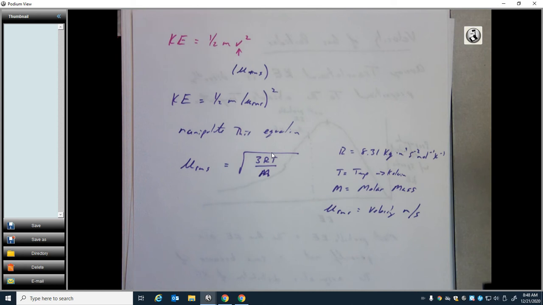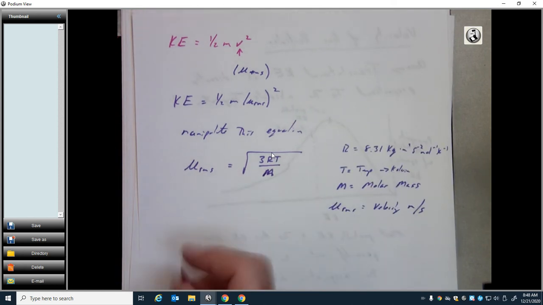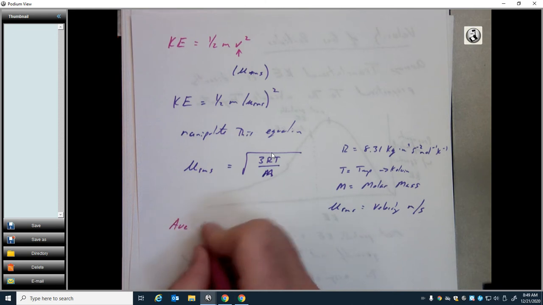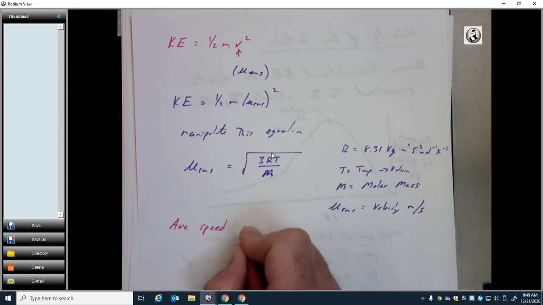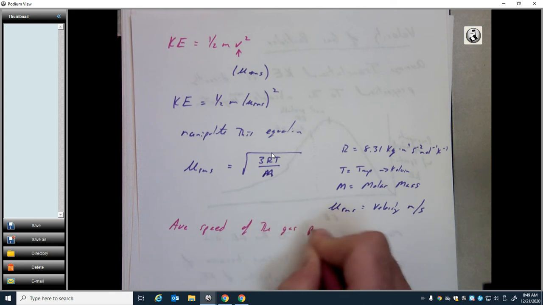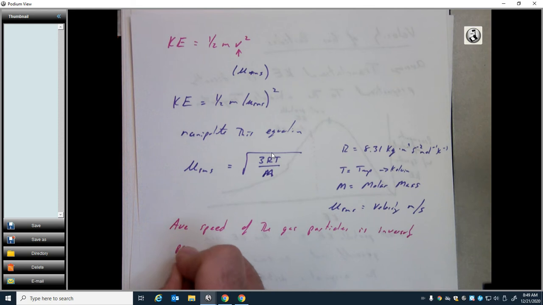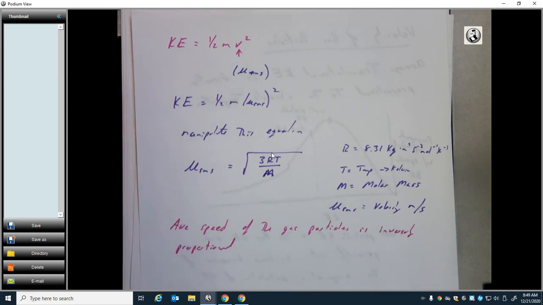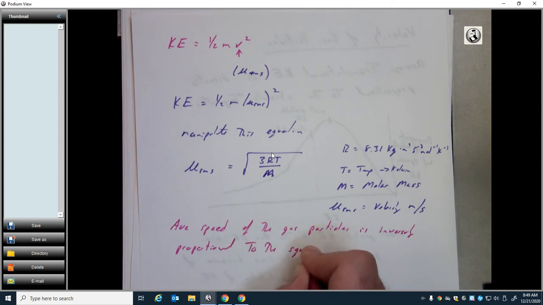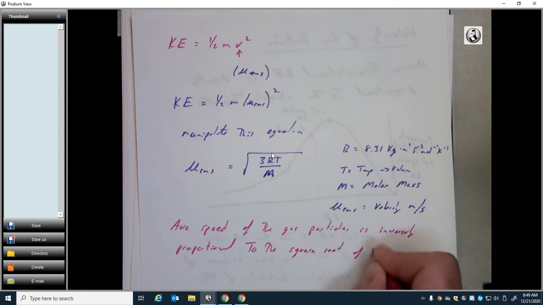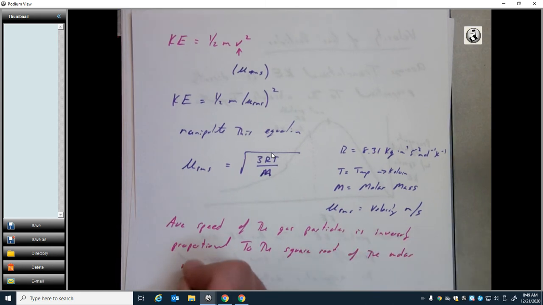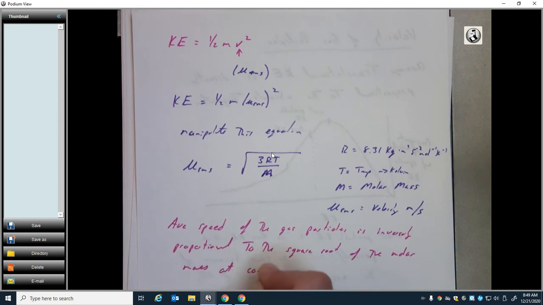And if we were to look at this equation, the average speed of the gas particles is inversely proportional to the square root of the molar mass at constant temperature.